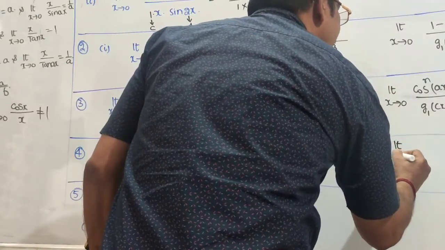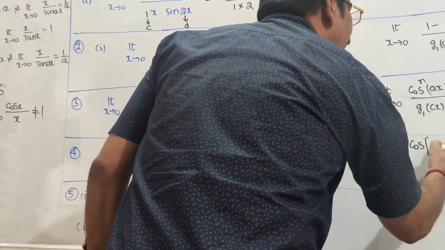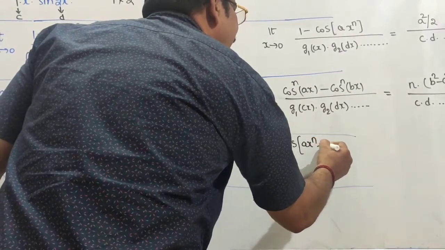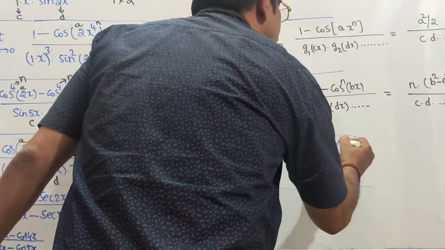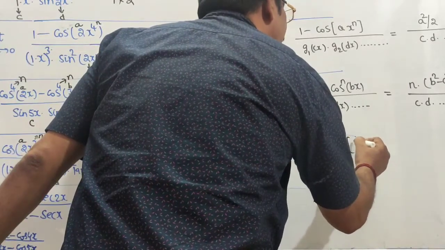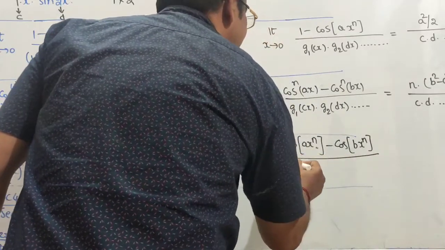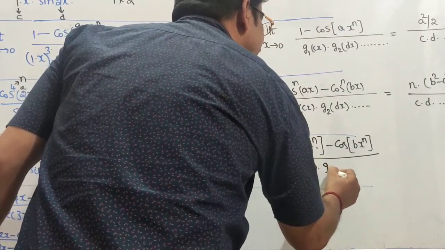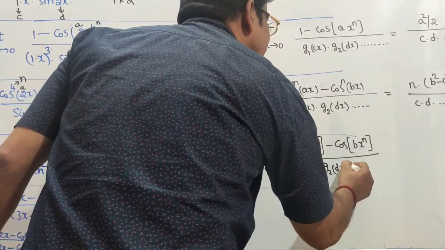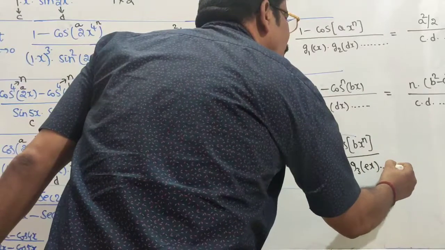Limit x tends to 0 of cos of (a x) power n minus cos of (b x) to the power of n, divided by something g1 of cx into g2 of dx into g3 of ex, like that and so on.